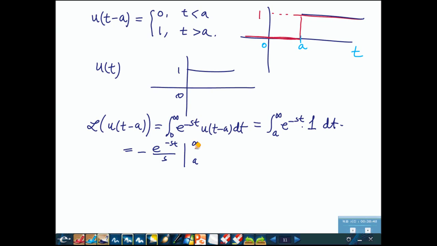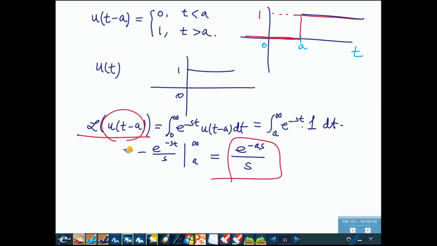So finally, it's e to the minus as over s. That is the Laplace transform of the unit step function shifted at a.